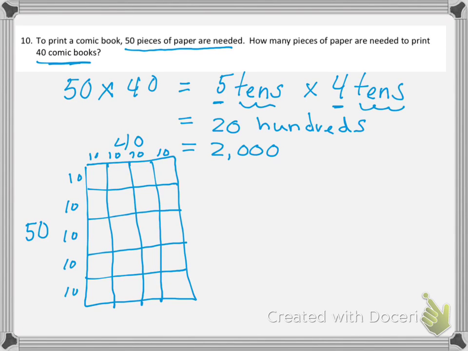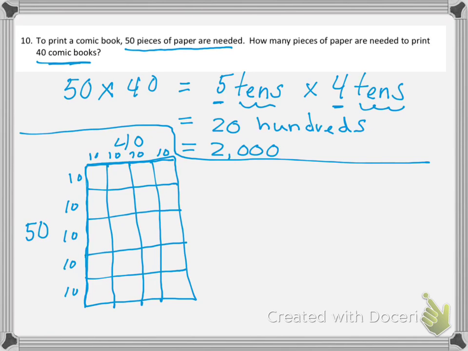Well, this is how it would look in the area model. So we've got 40 on the top, 50 on the side. And so we have 4 tens to represent 40. And then down the side we have 5 tens that represent 50. And these are 10 by 10s, these little boxes. And each one of those boxes is going to represent 100.